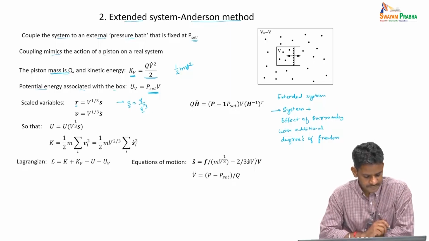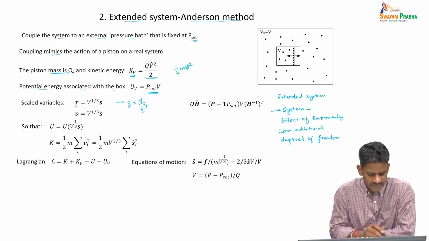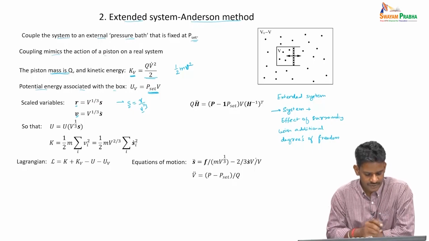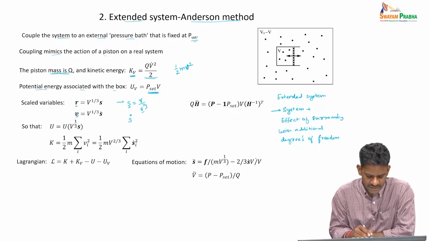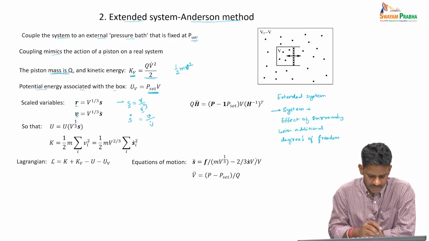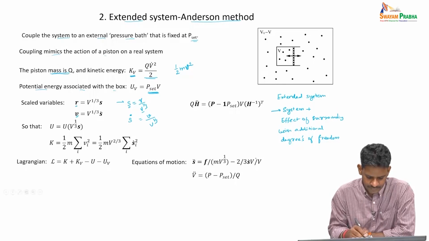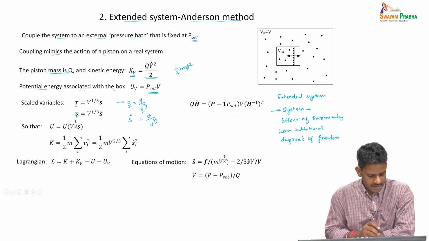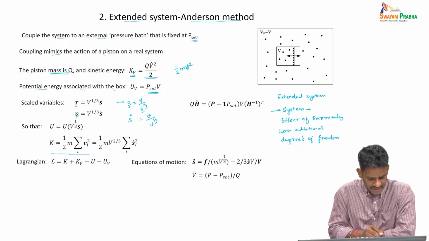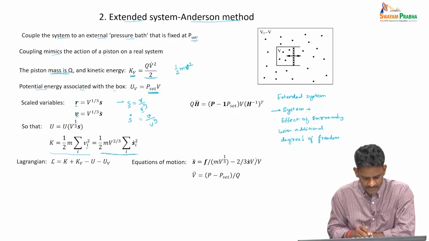Similarly, the velocity is also used in terms of a scaled variable S dot, which is nothing but R dot divided by V to the power 1/3. Once you have the scaled variables like this, you can write the kinetic energy in terms of scaled velocities and scaled positions.